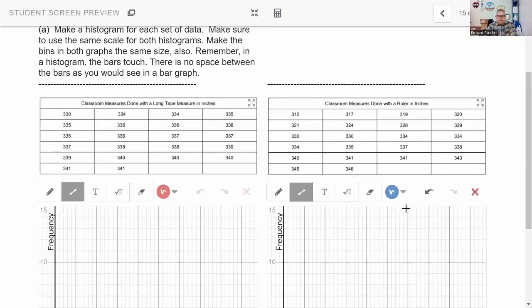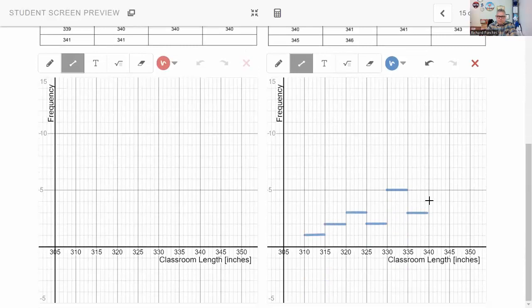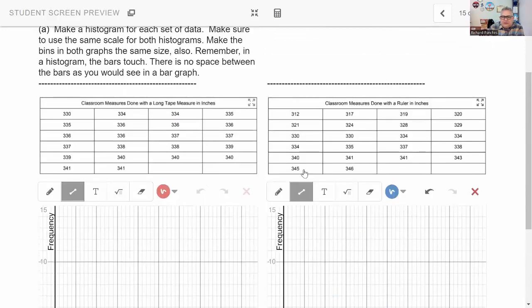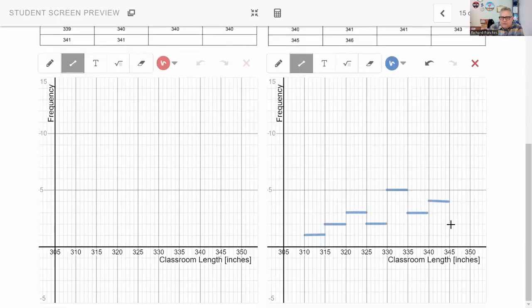And from 340 to 345, 1, 2, 3, 4, I need a 4 bar. Oh, it went back up. And then from 345 to 350, I only need 2 more, just the 2.